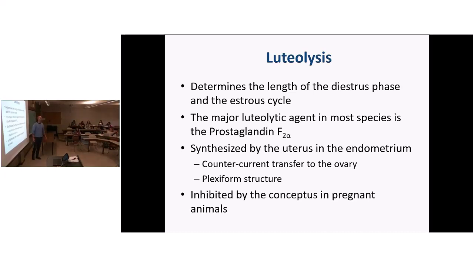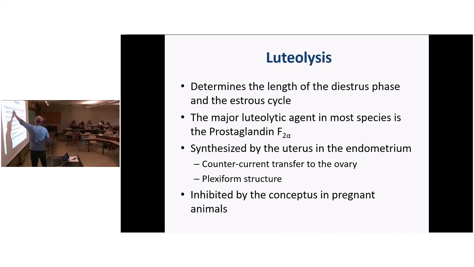Why? Because later on you're going to see that progesterone is extremely important for the maintenance of gestation. So normally this is where you can go to cycles or go to gestation, which is going to be the second half of the course. Understanding how luteolysis works is extremely important.